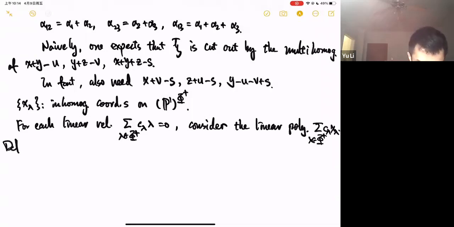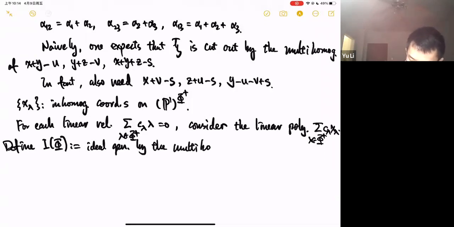And then I define an ideal, which I'll call I of phi. So this is the ideal generated by the multi-homogenizations of all these linear polynomials.